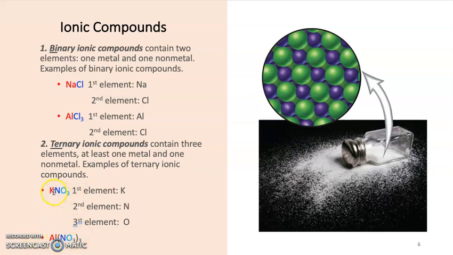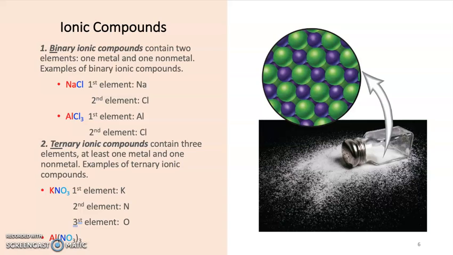You see potassium nitrate contains potassium, K, nitrogen, N, and oxygen, O. So there are three elements, K, N, and O. Therefore, it is grouped into ternary ionic compounds, or we say potassium nitrate is a ternary ionic compound.